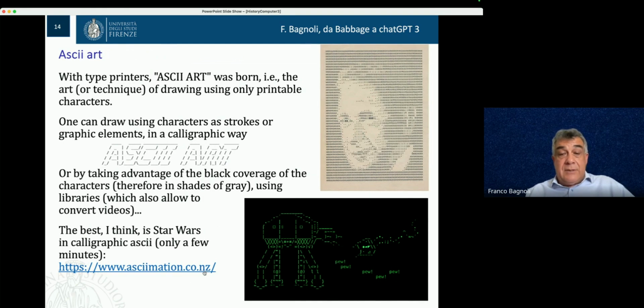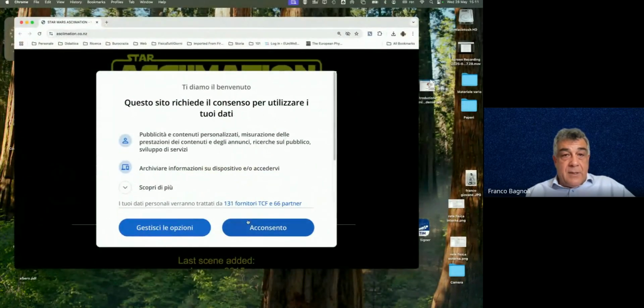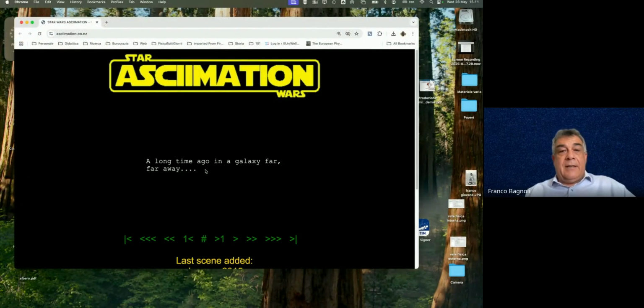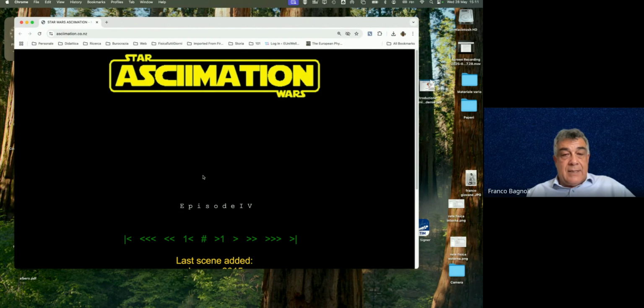If you want to see a really big work never completed, I can show you the first few frames of Star Wars, completely designed using only ASCII characters.